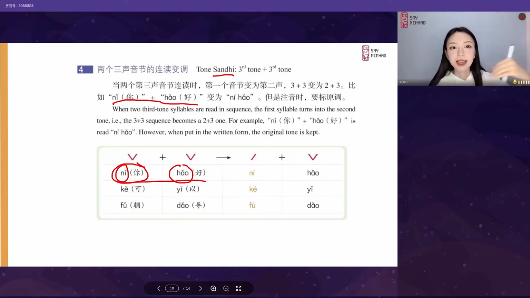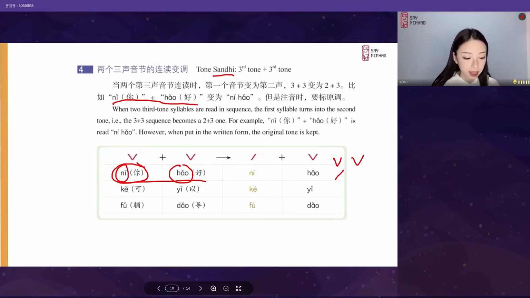Read after me, please. 你好. In this occasion, we shouldn't read them with two third tones. But we still will write it as 你好, and we will read it with the changed tone. Okay? Now let's see the second example.